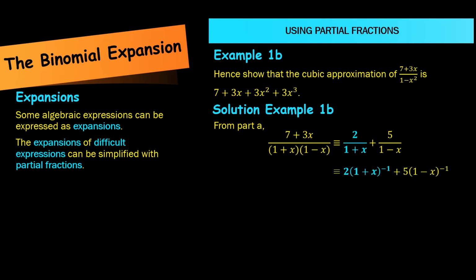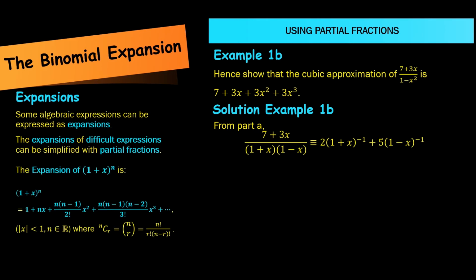Two over 1 plus x is equal to 2 times 1 plus x to the minus 1, and 5 over 1 minus x is equal to 5 times 1 minus x to the power minus 1. We can now express both sets of brackets on the right-hand side as expansions.